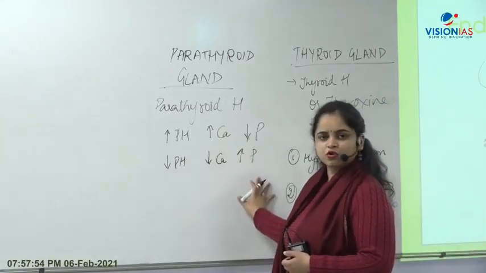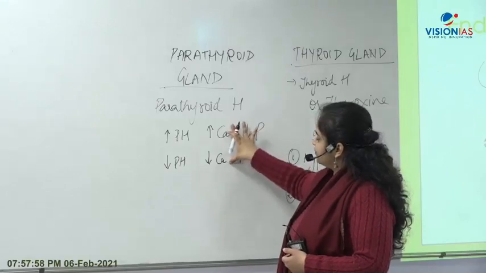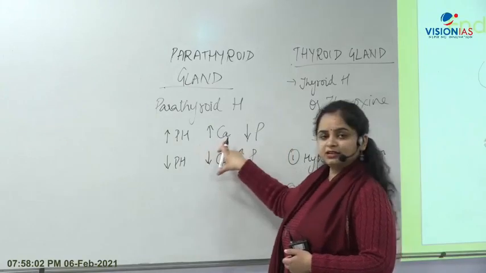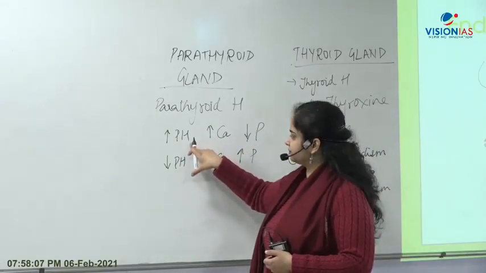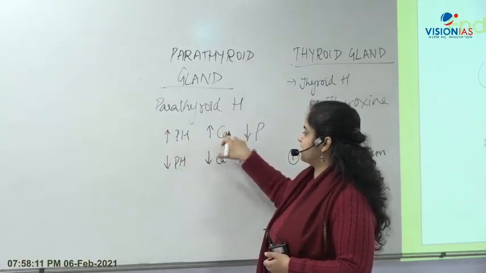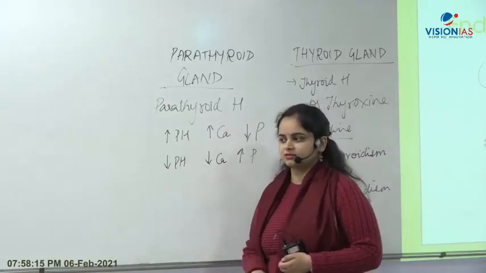It is associated with the levels of both calcium and phosphorus in the body. If parathyroid hormone increases, calcium increases, phosphorus decreases, and the other way around when it decreases.